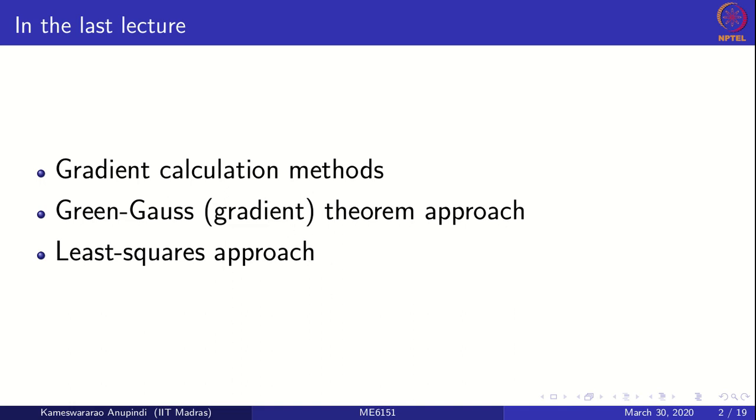And in the least squares approach, we found a least squares error fit for all the data points, and we found one simplified matrix, that is A transpose A G equals A transpose D. That was a 2 by 2 matrix that we have to solve at each and every cell in order to obtain this vector G, which is basically partial phi partial x and partial phi partial y.